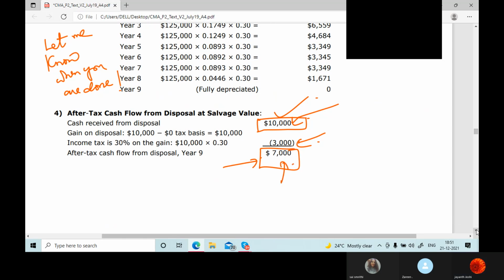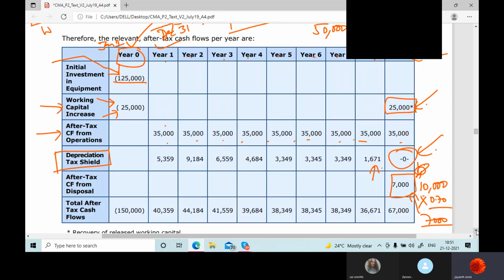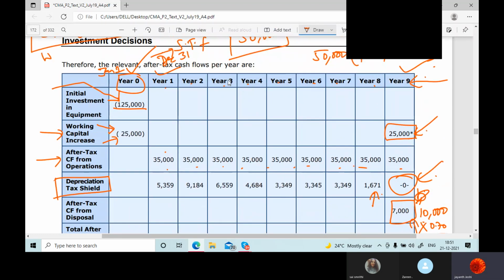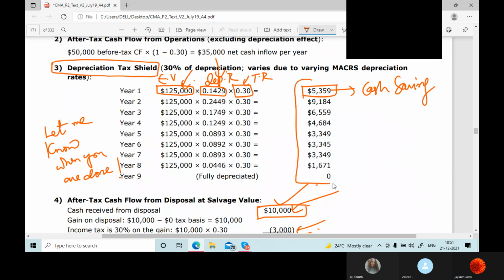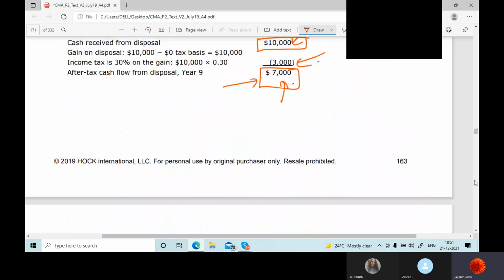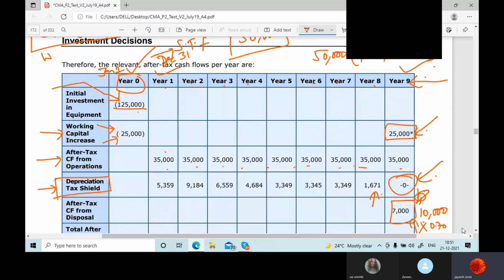Okay. So since we have done almost everything now, let us put everything in the format. This is the format. I've discussed the cash inflows, after tax cash inflows. I have explained to you how to find out depreciation tax shield, and you have found out the amounts here. All these amounts you should take and post here.